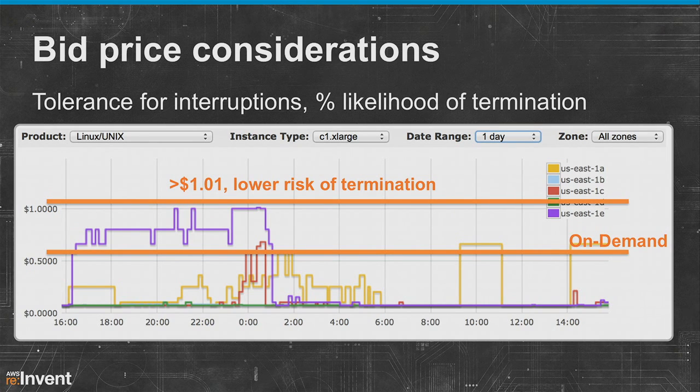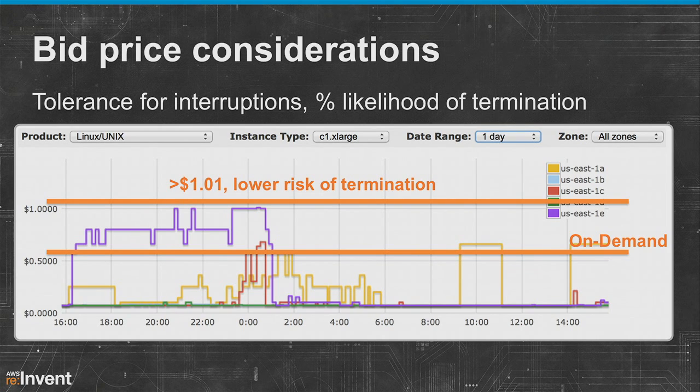Probably not the best thing for a high SLA type of service. So what you want to do is have spots in multiple zones, and try to get a bid price that is at a range that has an acceptable level of tolerance for interruptions, okay? So that's one consideration.